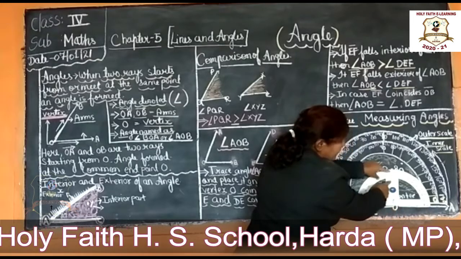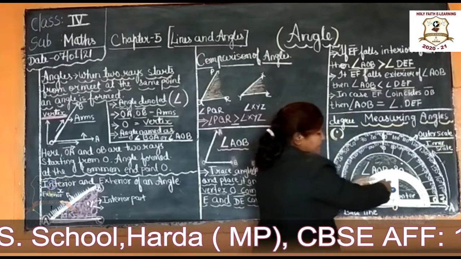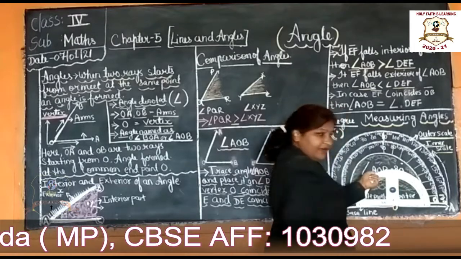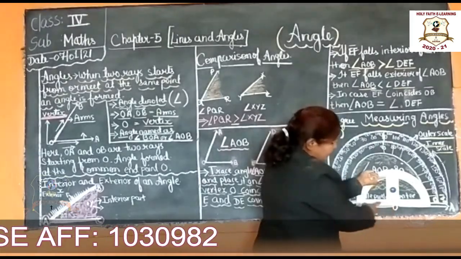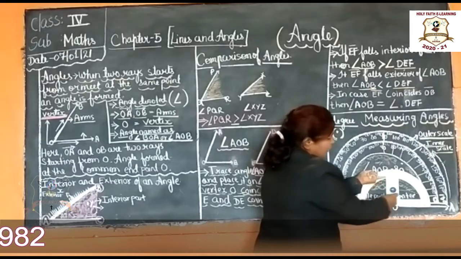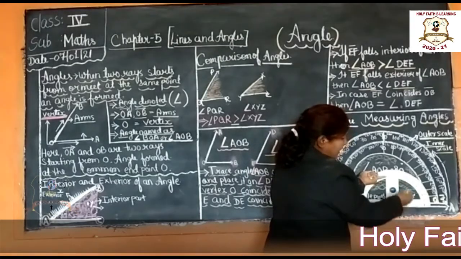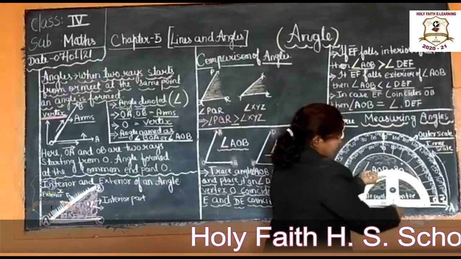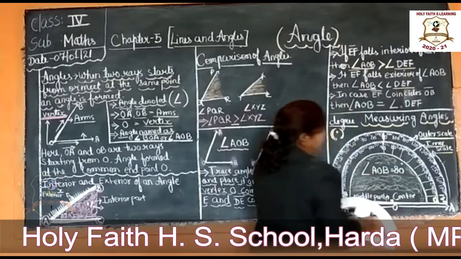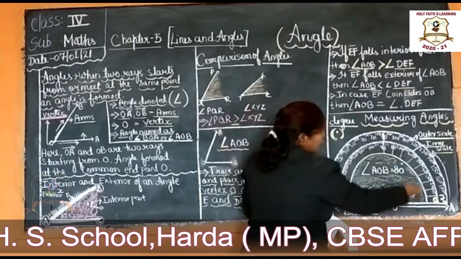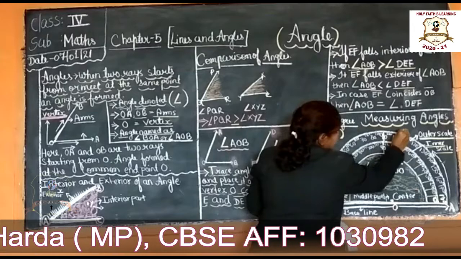Then here we will see where our 80 degrees is. Looking at the protractor, 80 degrees comes here.